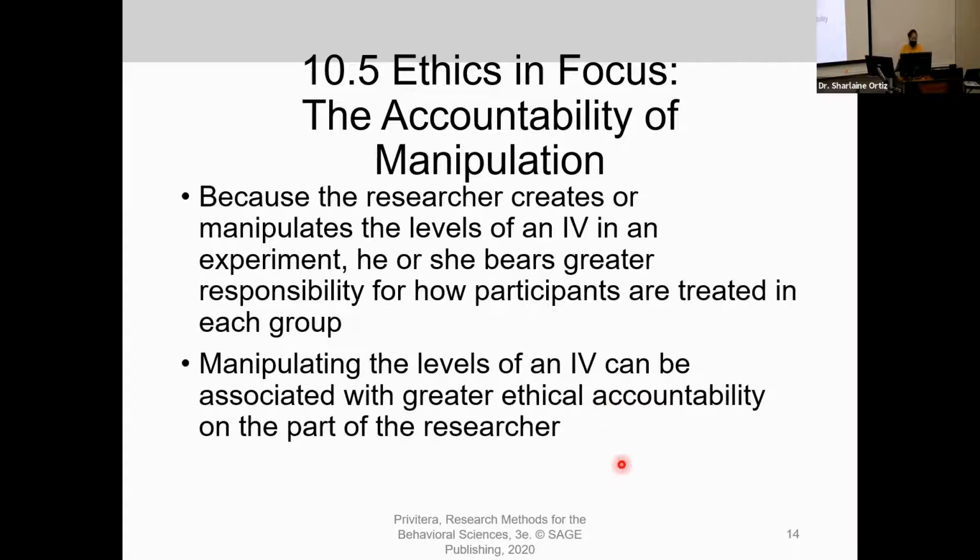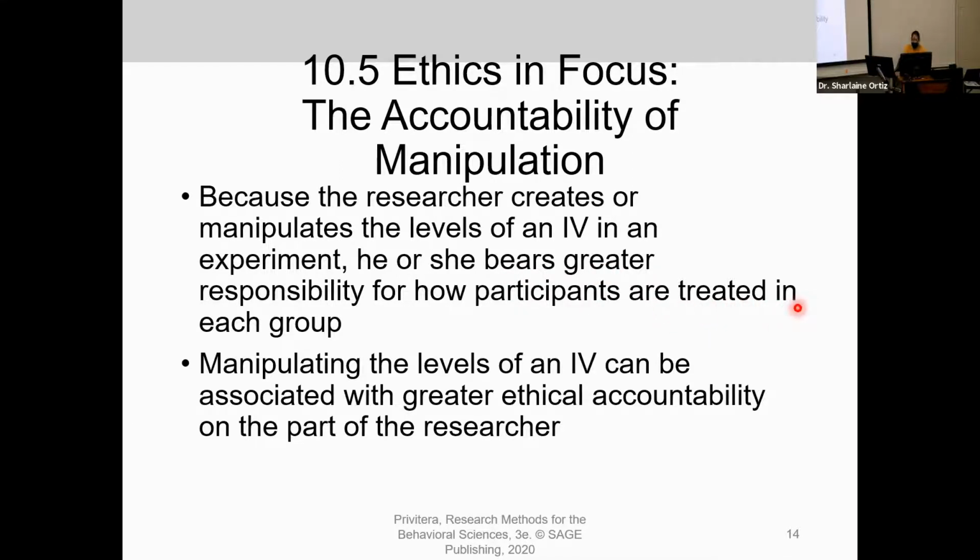Let's move forward to accountability, the accountability of manipulation. When we are looking into the ethical concerns of that experiment, notice that because you are indeed creating and manipulating the levels of that independent variable, you bear a greater responsibility in the treatment of these individuals.